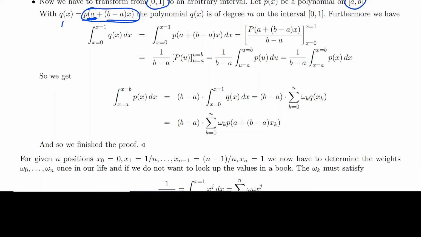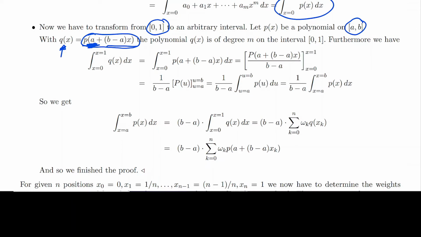And if you request q of 1, then you have a plus b minus a, which is b. So, okay, now we can integrate that polynomial q. And what will we use? We will use what we did above. We know that it's exact. We can use the formula and it's exactly integrated.